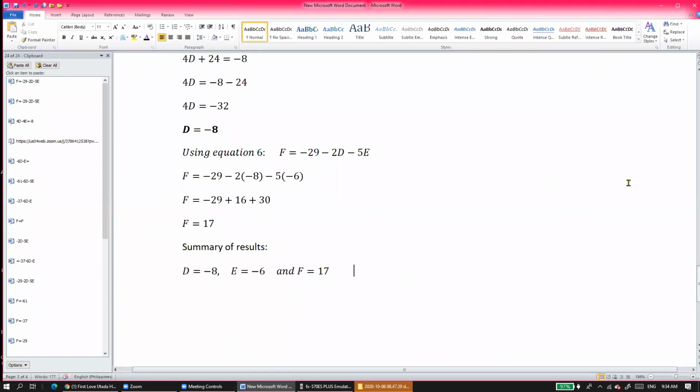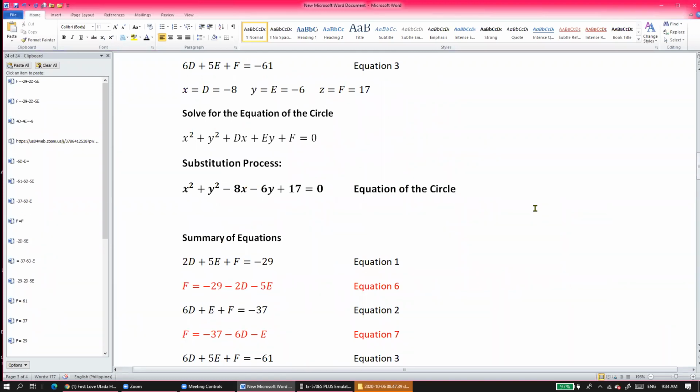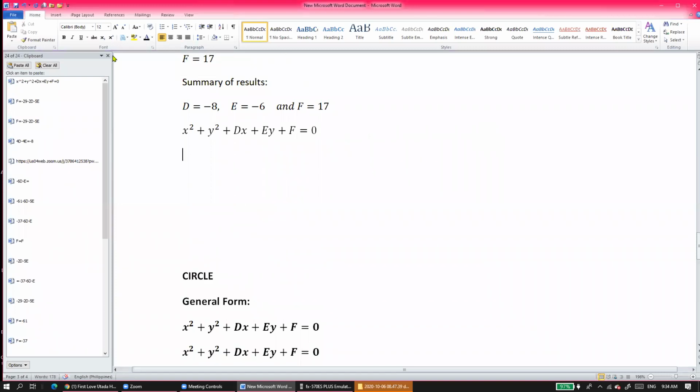So what's next? We're going to adapt again our general equation of the circle, the formula. At ito yun. Adapt natin uli yan. Yan. So we'll adapt this. And by substitution process, malalaman na natin ngayon ang equation ng ating circle.